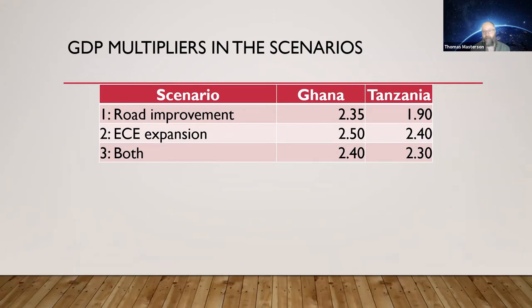And if you did both, the multiplier is somewhere in between, so 2.4 and 2.3 for Ghana and Tanzania respectively. So if we did both of the policy interventions, you would get a 4.3% increase in GDP in Ghana and a 2.3% increase in Tanzania. Okay, so just to give you some idea.